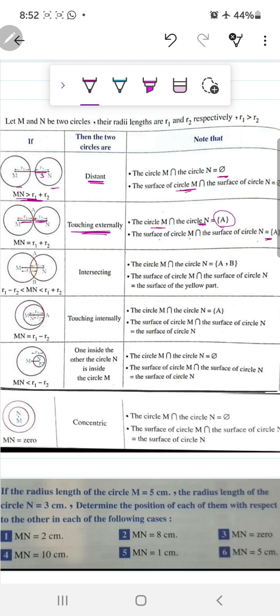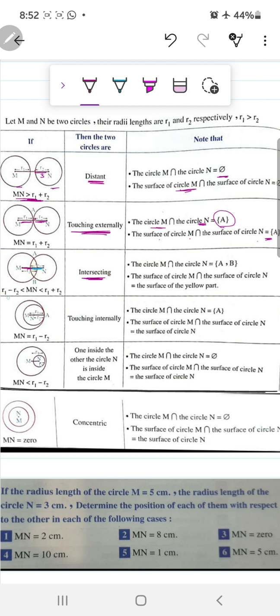The third one, two circles are intersecting. It means here all of this is R1 and all of this is R2. What did you notice here? Here we have a common region between the two circles. So here MN is greater than the difference between the two radii and less than the sum of the two radii.